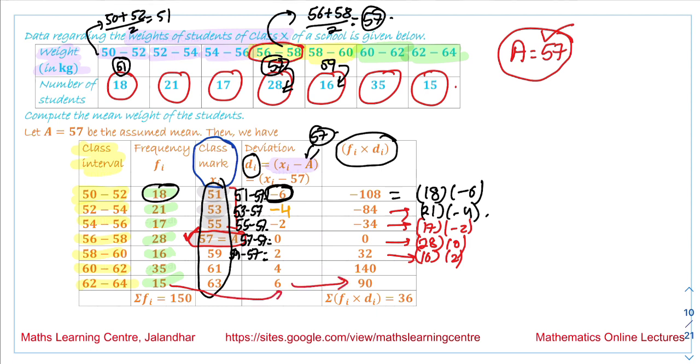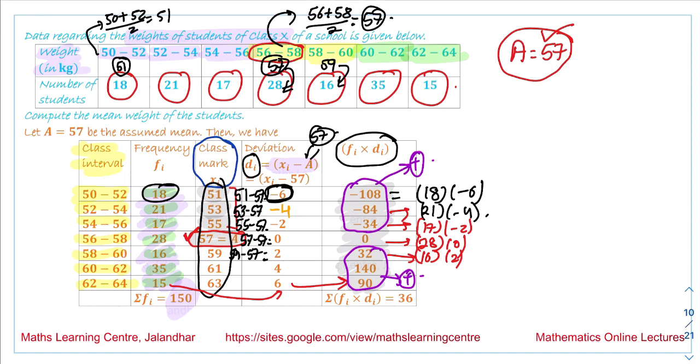Now the next step is to calculate the sum of all these values. We have calculated the sum of fi, and the sum of fi comes out to be 150. We have calculated the sum of fi di. It is important to note over here that these are the negative terms, and we are adding these terms separately. These are the positive terms, and we are adding these terms separately.